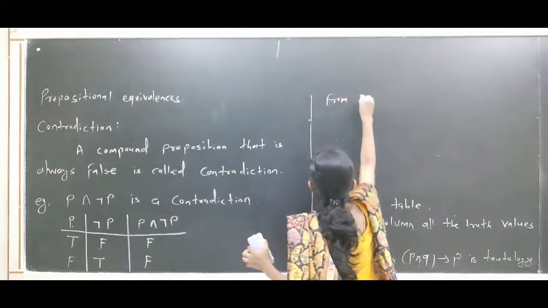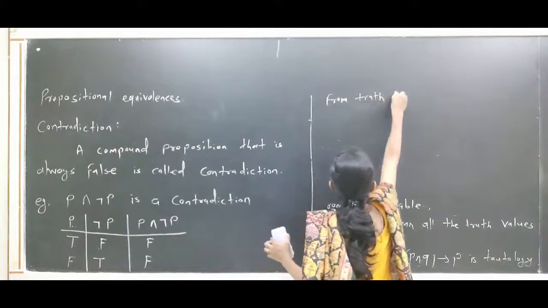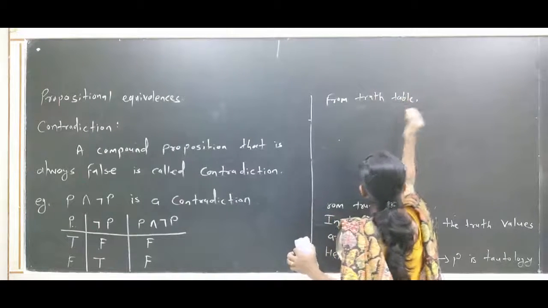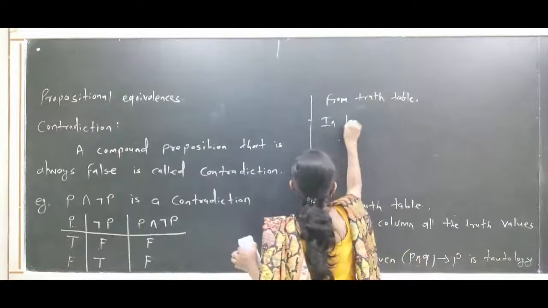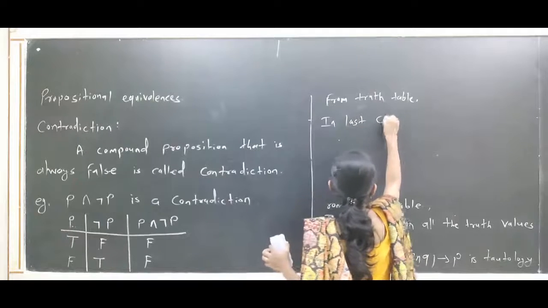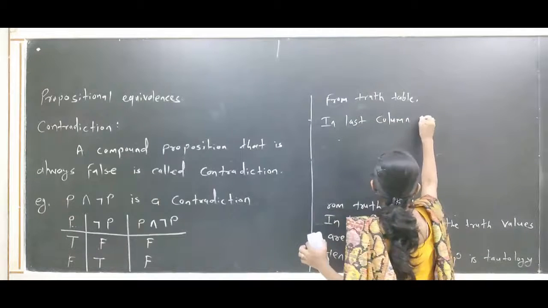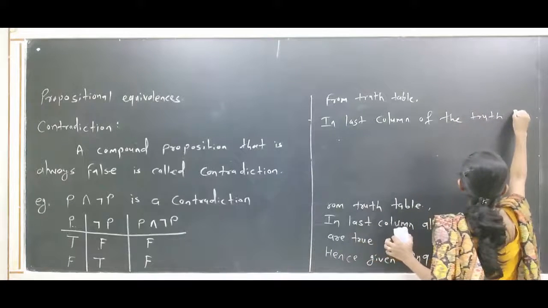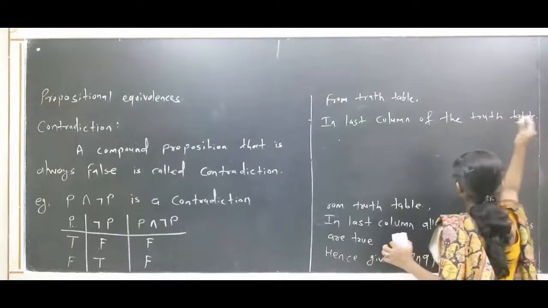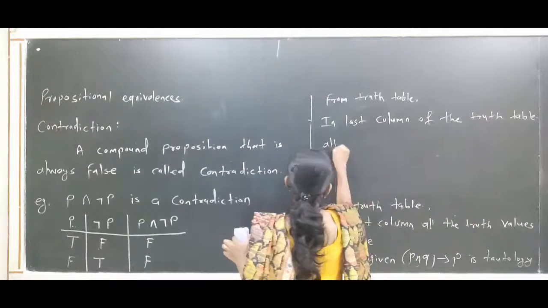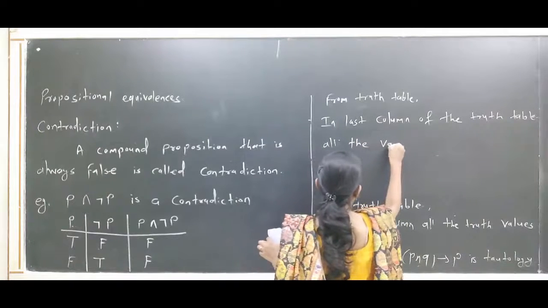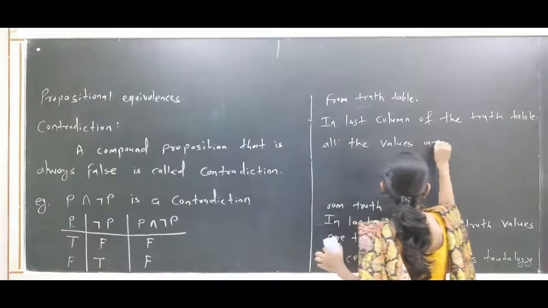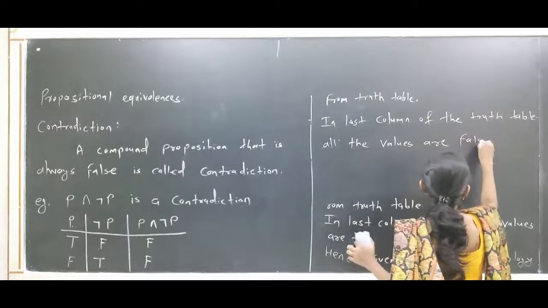So write down. From the truth table, in the last column of the truth table, all the values are false.